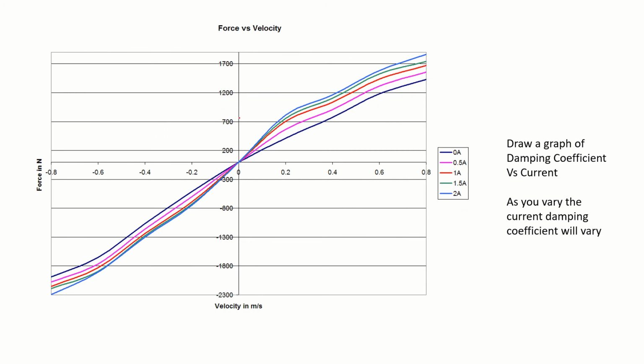And this is the force versus velocity characteristic for different current values. You can see the force value here versus the velocity value here. At any point you can find the damping coefficient of this.